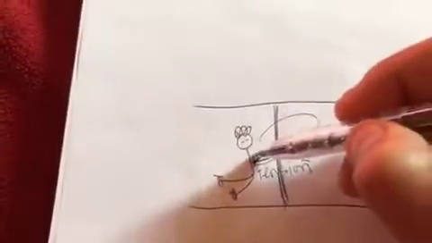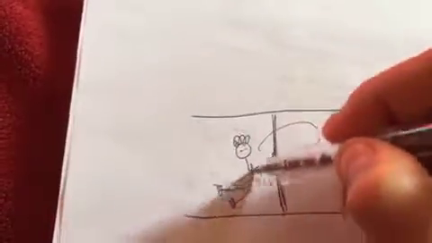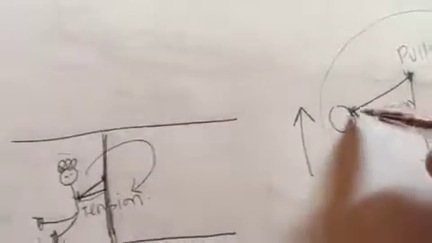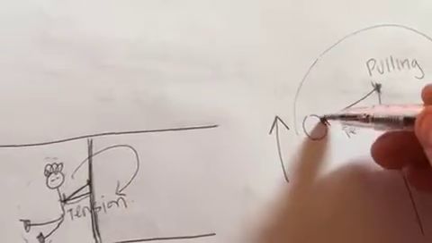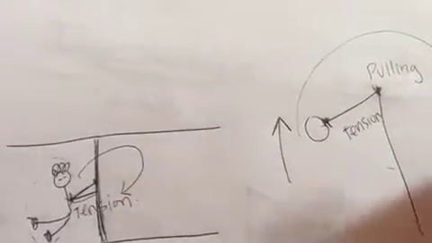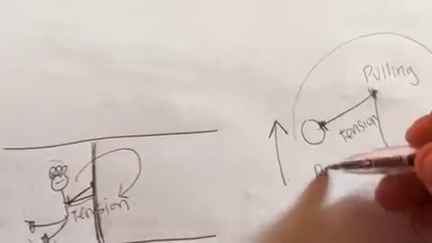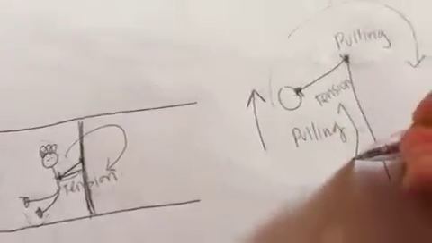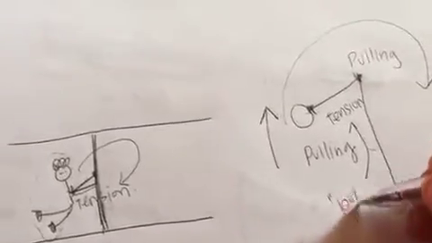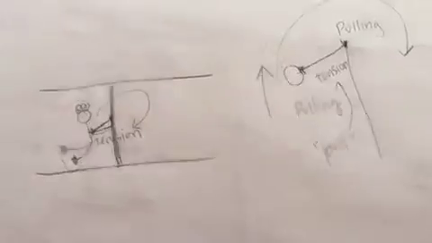What about if you were the ball, which we usually are? If you are here, would you be pushing the rope or would you be pulling the rope? Good job, pulling. So this case of centripetal force is a pull force, not a push force.